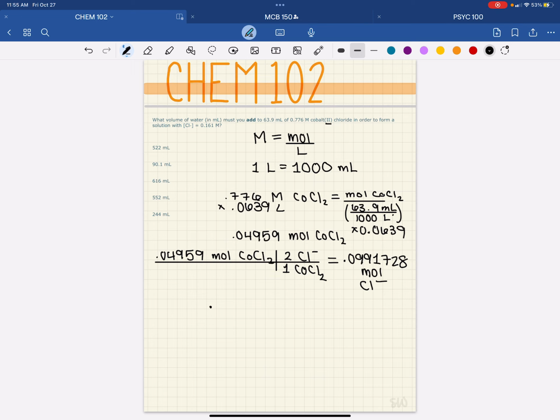milliliters. So I know that 0.161 molar Cl minus is what I'm looking for. And then I need to bring my moles down here, which gives me 0.0991728 moles Cl minus divided by X liters.